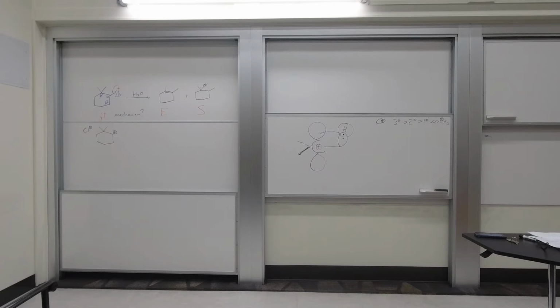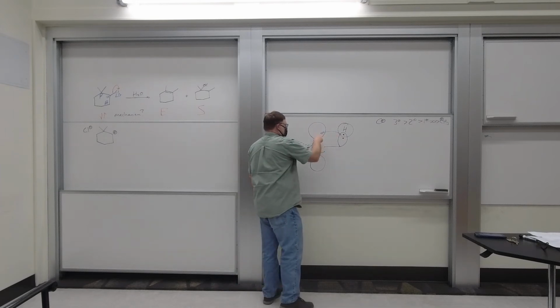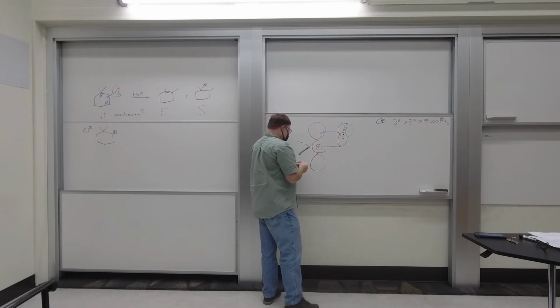The other thing it does, though, is it's forming a bond between that H and the positive carbon. Okay, if you take what I've just drawn to an extreme, right, this H could just move to here and leave a positive charge there. So don't think about that as a stabilization. Think about that actually as a reaction.